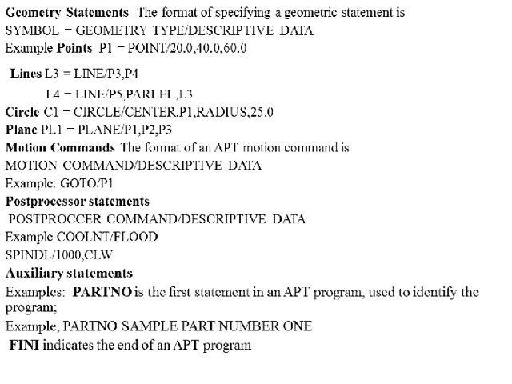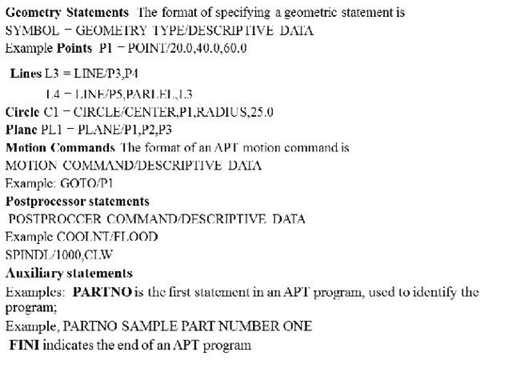Another post-processor statement is spindle slash 1000, CLW. 1000 indicates the RPM with which the spindle has to rotate, and CLW indicates clockwise rotation of the spindle. A comma is used to separate these two descriptive data.